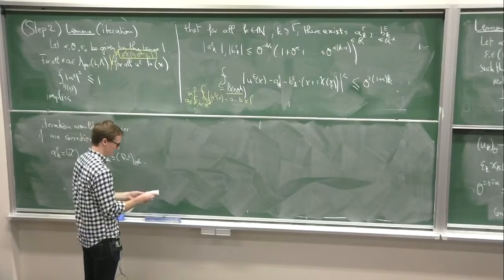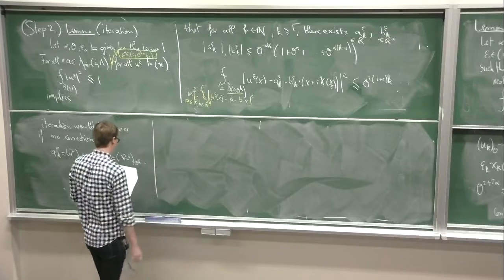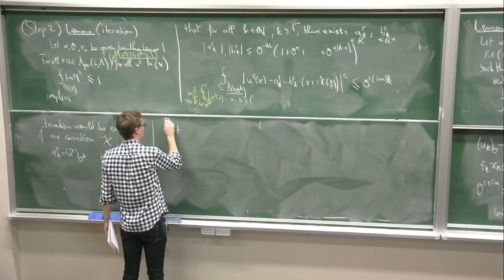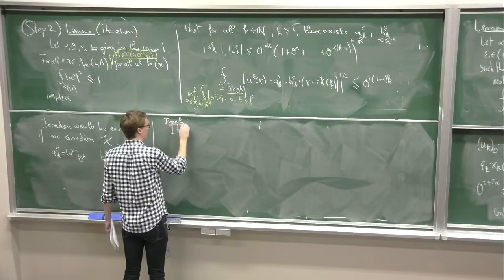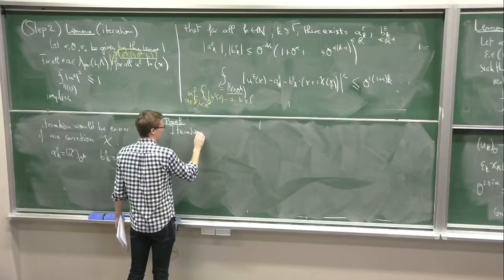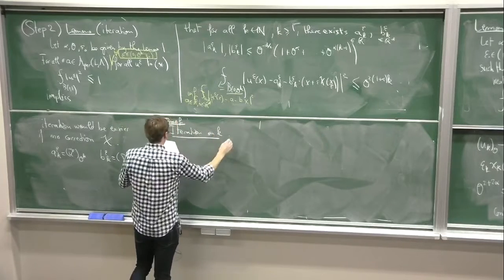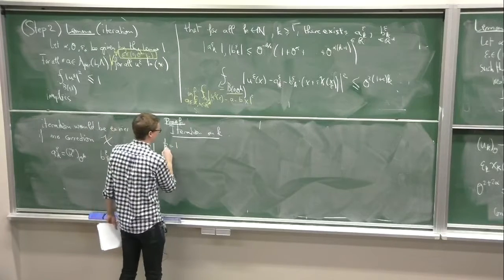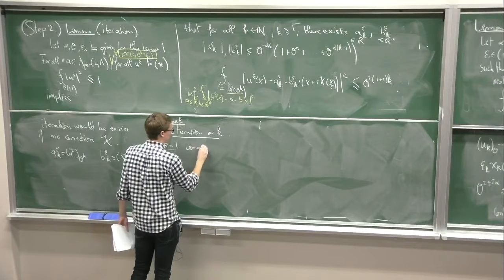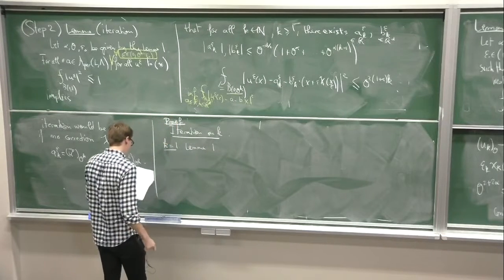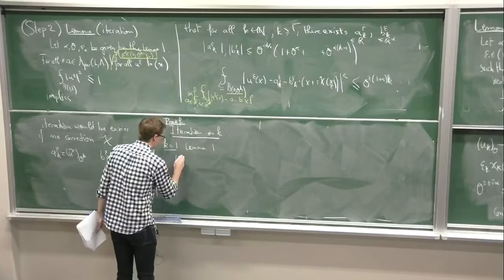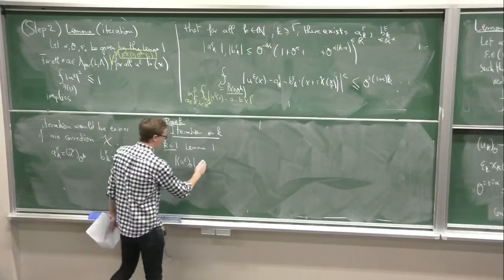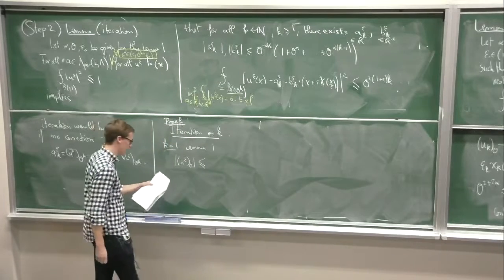All right, so I will prove this iteration lemma, and the iteration is on k. For k equal to 1, it's simply lemma 1, or the lemma of step 1. You notice that you can estimate the mean of U epsilon on theta by just applying Hölder's inequality.